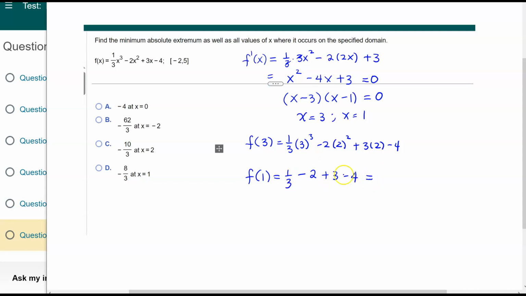Then you simplify this, that's negative 6 plus 3 is negative 3. So that is negative 2 and 2/3. And then you also include f at negative 2. So this one, if it's complicated, then you can plug into your calculator.